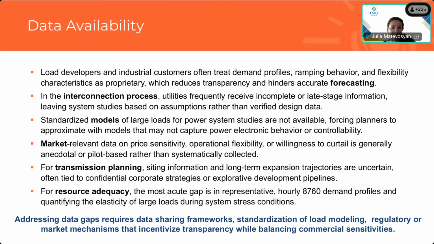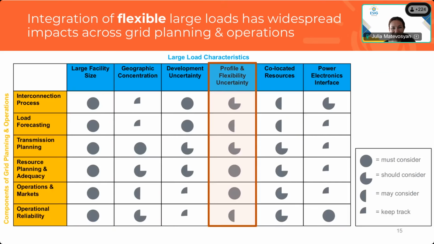So addressing these data gaps requires data sharing frameworks, standardization of load modeling, and regulatory or market mechanisms that incentivize transparency and data sharing, while also balancing commercial sensitivities of large load developers. And with that, I believe I'll turn it over to Trieu to take us through discussing flexibility needs.